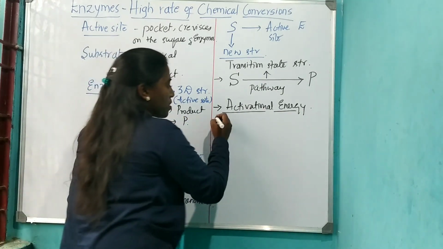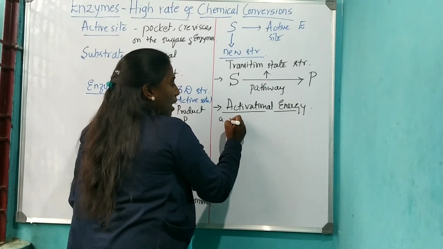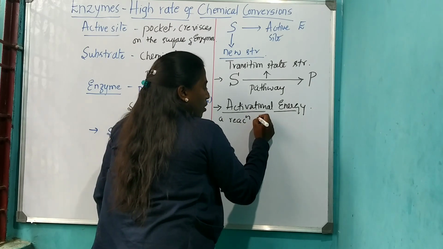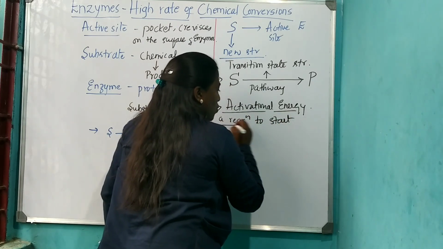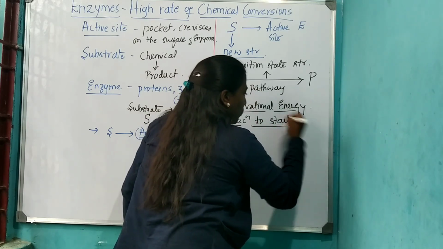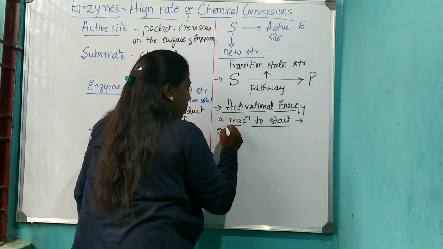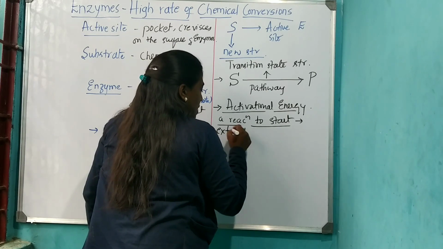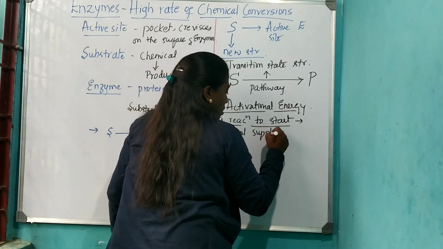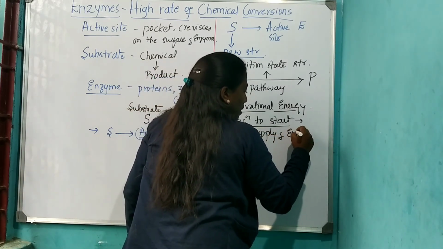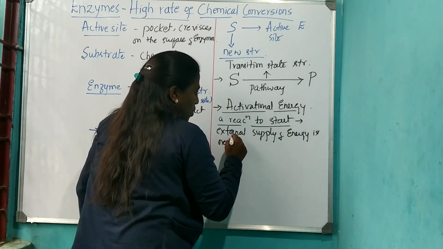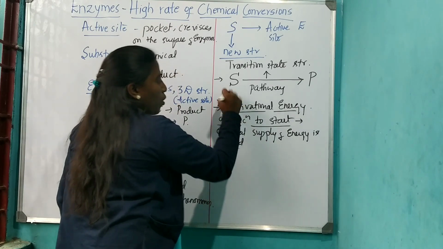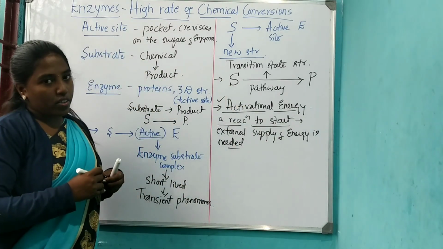So we can define activational energy as: for a reaction to start, an external supply of energy is needed. Such type of external energy we call activational energy.